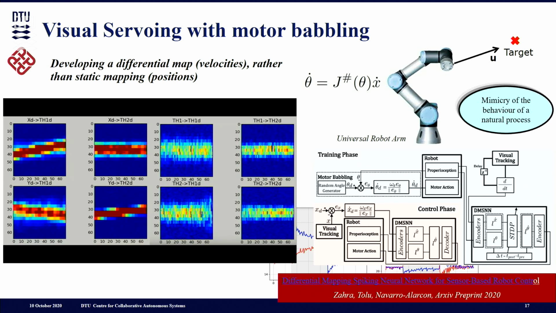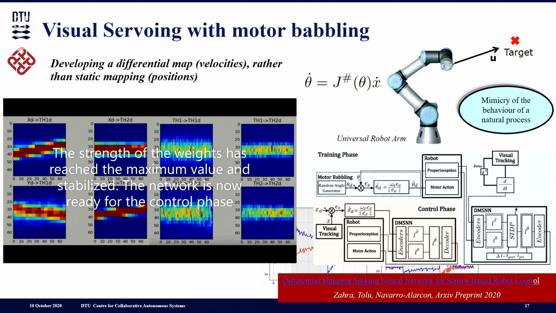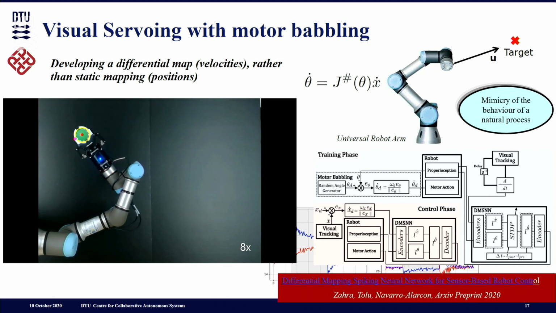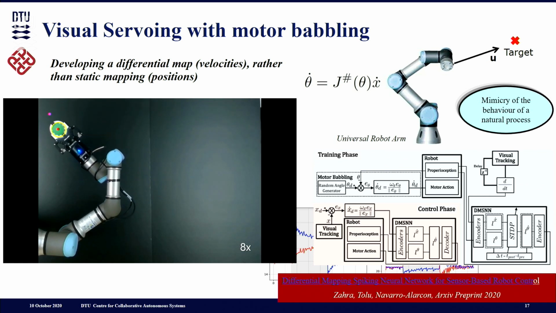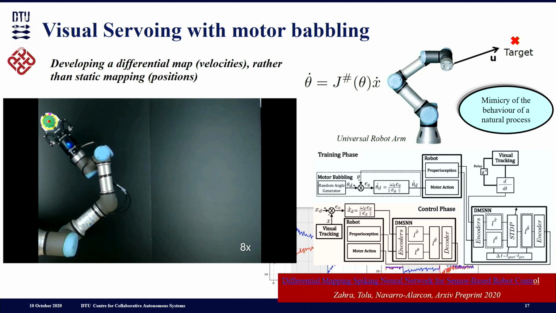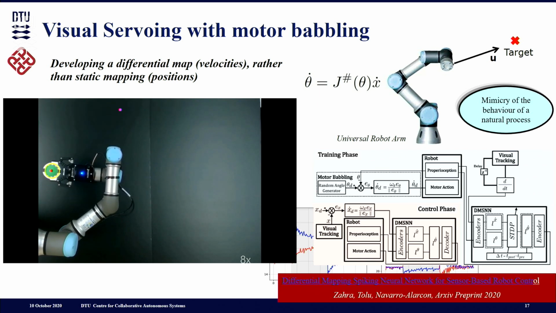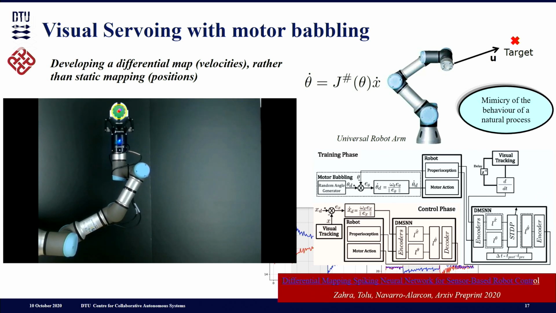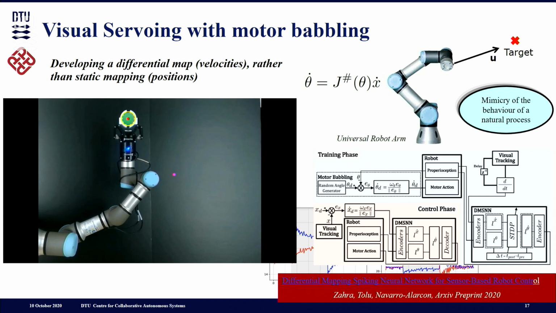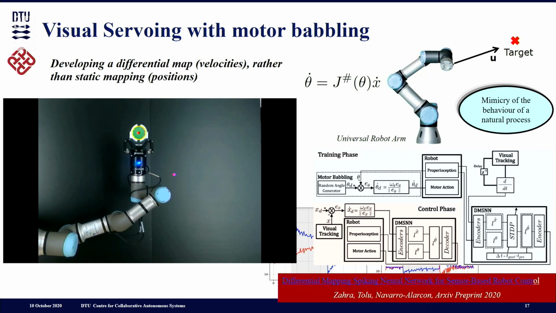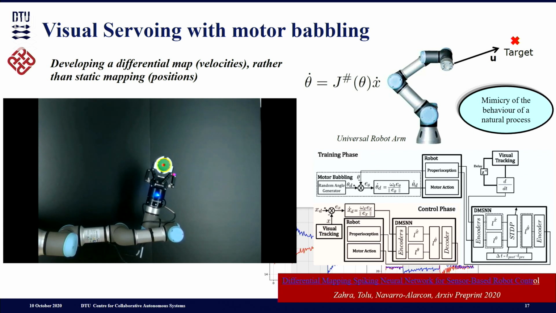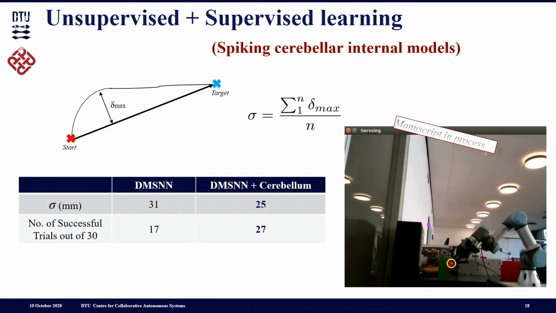And we demonstrated, by building this control system, that the spiking neural network was able to handle the noisy readings from the sensors and to achieve an accurate performance during a simple visual servoing task, as you can see here with the Universal Robots arm. Then we did it also with four degrees of freedom.